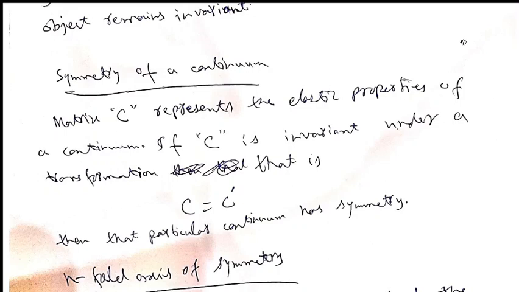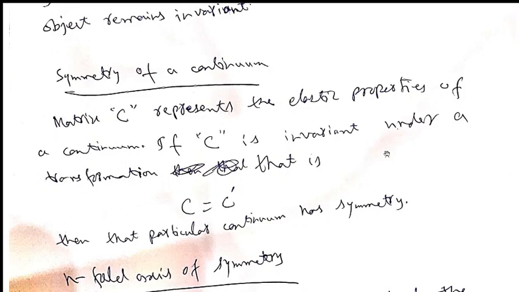We will also see that for a continuum which has any symmetry, how many components of the elasticity constant, the elasticity matrix, can be reduced with the help of that symmetry. Now matrix C represents the elastic properties of the continuum.